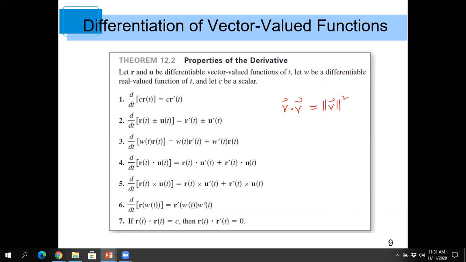So this last property right here says that a constant is equal to the dot product of r at t with itself. Okay? But that means that that constant is equal to the magnitude of the vector r of t squared. Right?